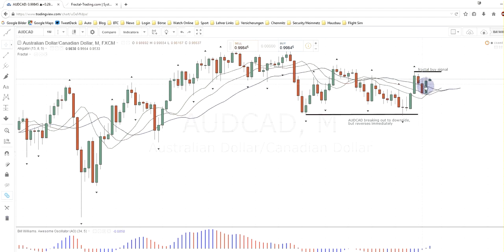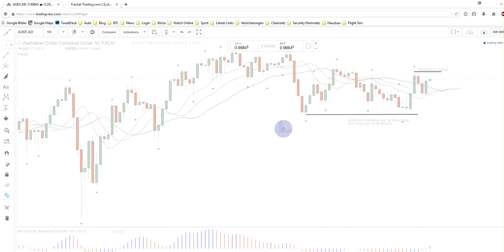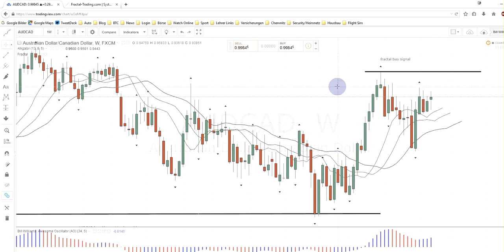A correction inside of the balance zone follows, and now you get another fractal up here, which kind of gives you the setup where price is moving higher. It corrects, but it doesn't come as low as before, and then exceeds the previous high, which is what happened here exactly. This is a monthly chart, of course, so we are not trading that, or it's not so interesting for most of us to trade.